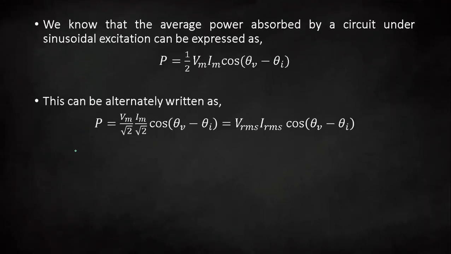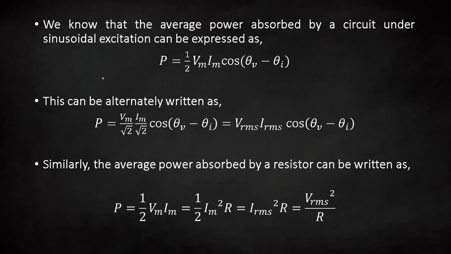Now let us consider what we discussed in the previous lecture, that is average power, and we derived the equation of average power when it is given to any system.